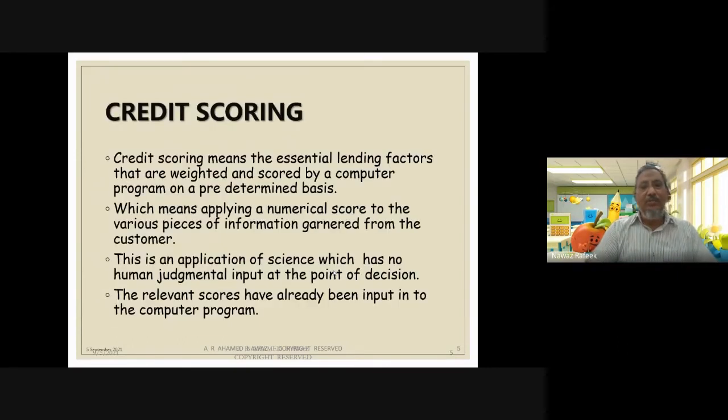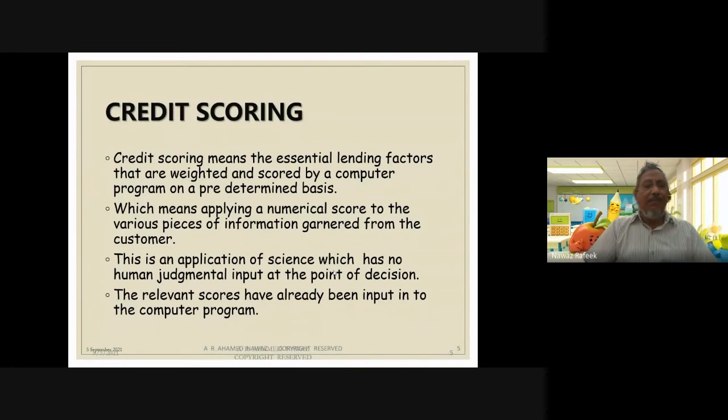Credit scoring means the essential lending factors that are weighted and scored by a computer program on a predetermined basis. Okay, so mostly credit scorings are developed using technology, computer. It's a program designed and the information is fed into the computer, and the computer will give you the score, right?